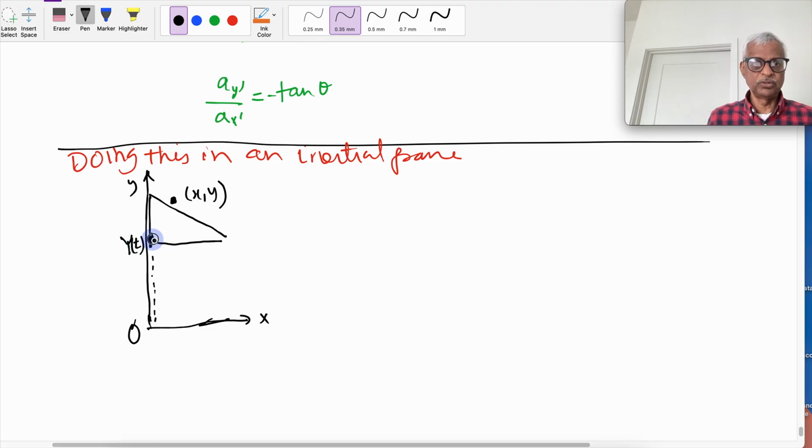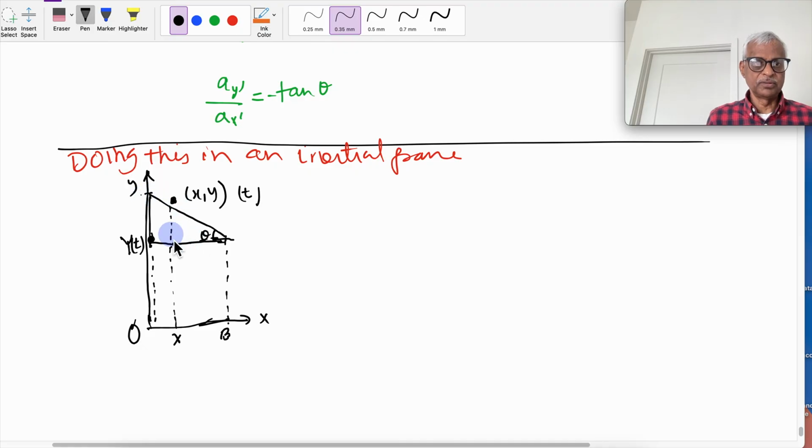The wedge is located by this point, and the block is located by that point, and at this instant t, this is theta. So this is x, this is b.